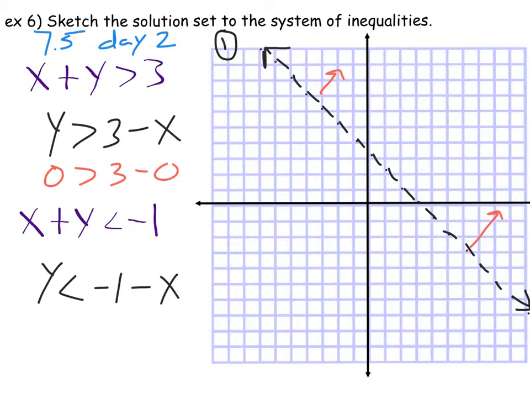This one has the same slope, except it's got a different y-intercept down here at -1. Again, a dashed line.